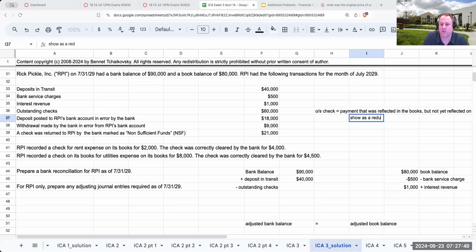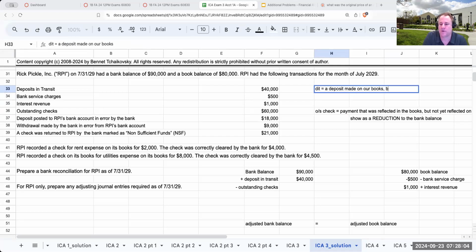It shows as a reduction to the bank balance. The deposit in transit, a deposit made on our books but not yet reflected on the bank, shows as an increase to the bank balance.